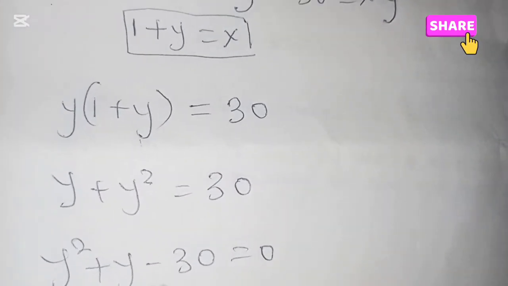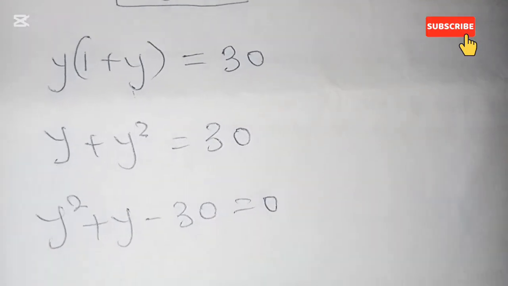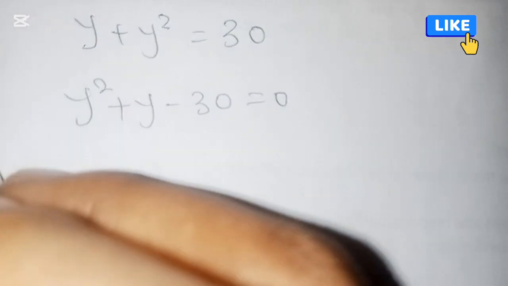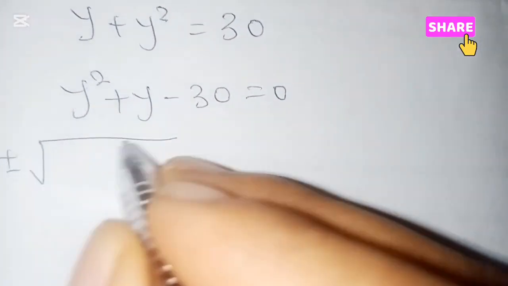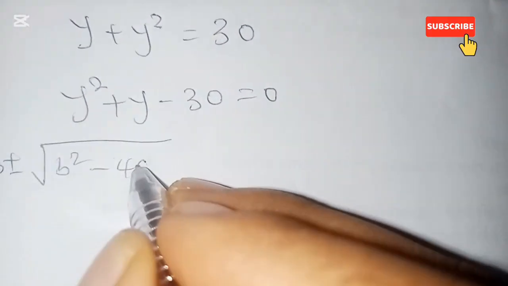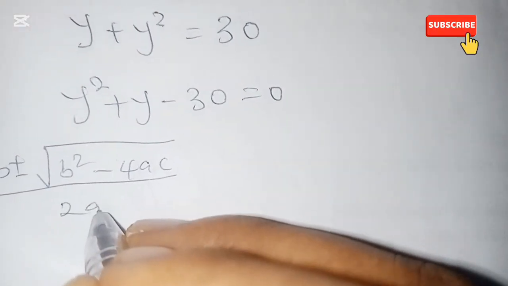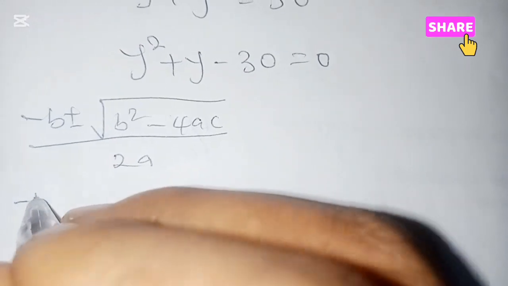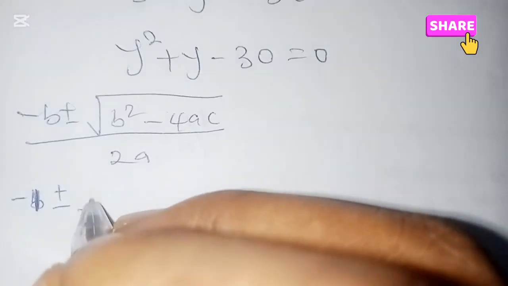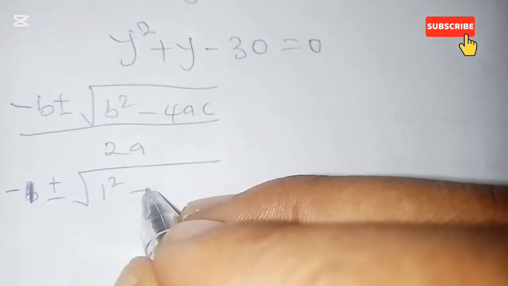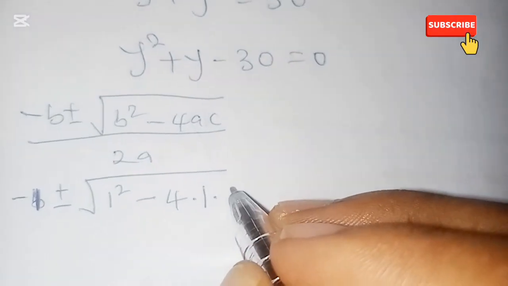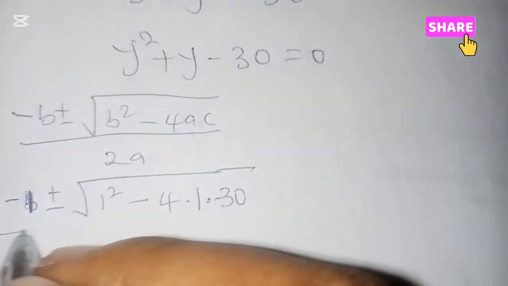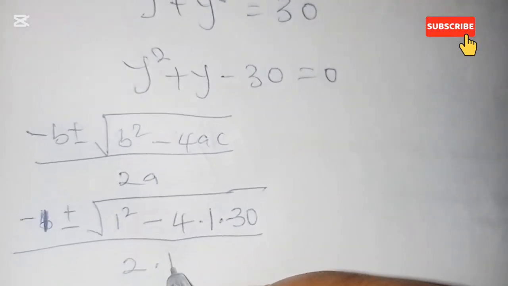So what do we do? We solve using the almighty formula. So our b is 1, plus or minus 1 squared minus 4 dot 1 dot minus 30, all over 2 dot 1.